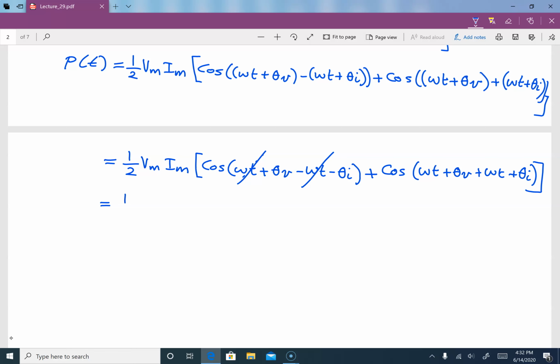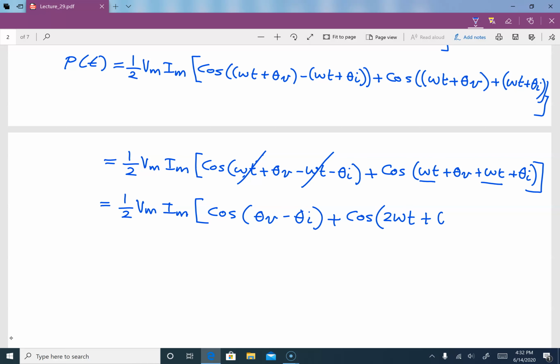So we have 1/2 Vm Im multiplied by cosine of theta v minus theta i, plus cosine of 2 omega t plus theta v plus theta i.